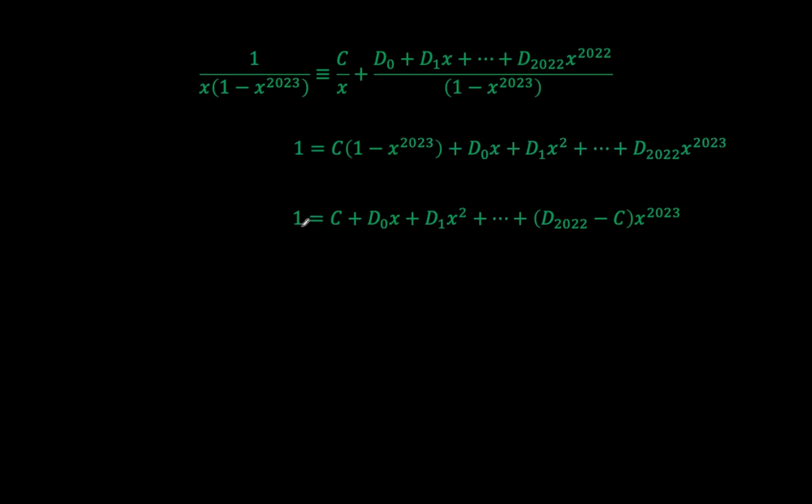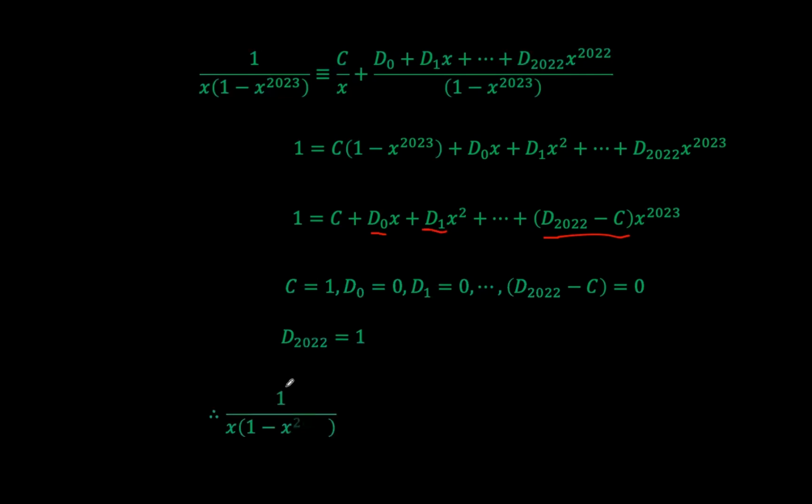As you can see, whatever is on the left-hand side, all these constants are 0, 0, 0, all the way up to here, and only c equals 1. So c equals 1, and then d2022 minus c equals 0, but that means that d2022 is equal to c, and since c is equal to 1, we can also say d2022 is equal to 1.